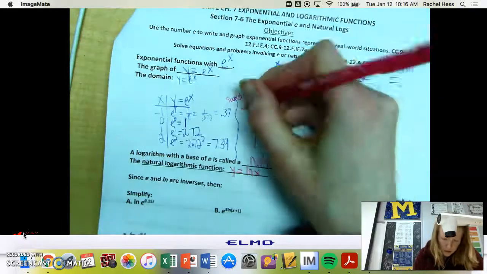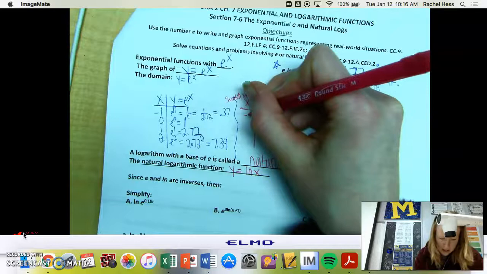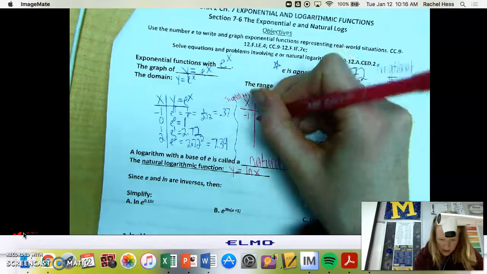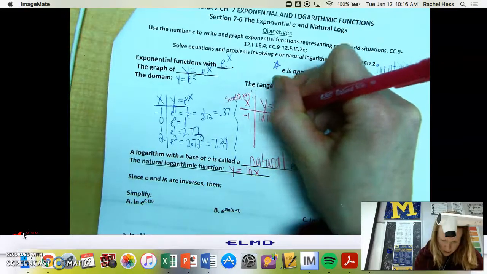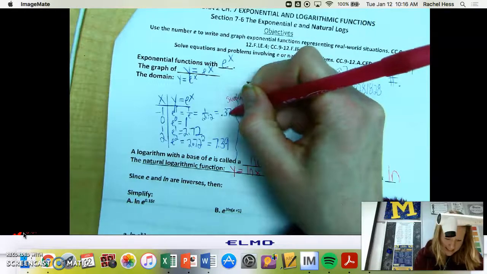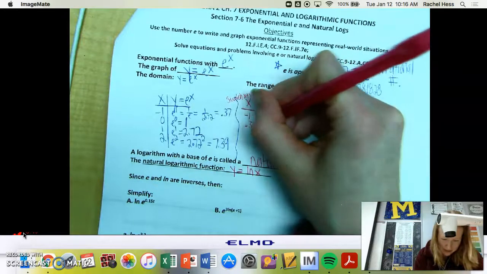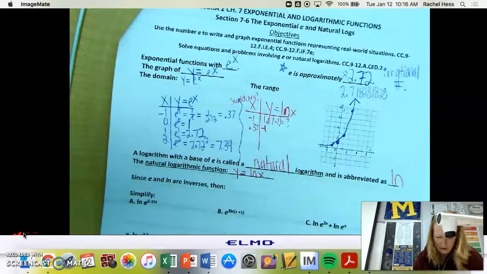So really what you're doing is, if you had, let's say, -1, I don't know what the natural log of -1 is off my head, right? But we do know that e to the negative first power is 0.37, so if we had 0.37, we could get a y value of -1.